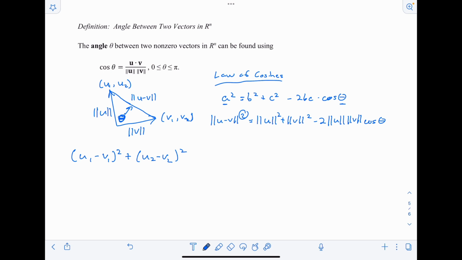On the right side, the magnitude of U squared is U1 squared plus U2 squared, plus the magnitude of V squared, which is V1 squared plus V2 squared, and then minus 2 times the magnitude of U times the magnitude of V, which I'm going to leave as is.